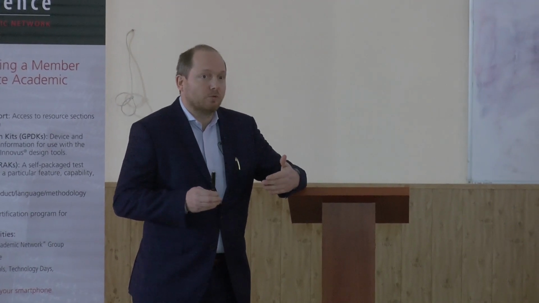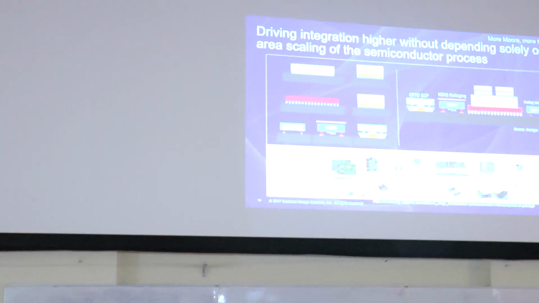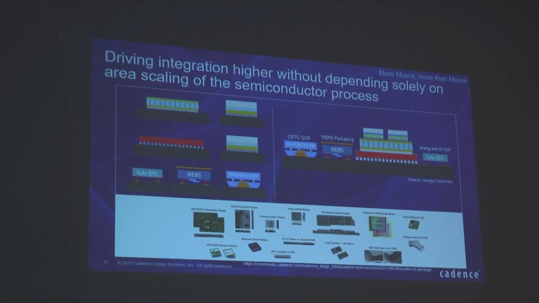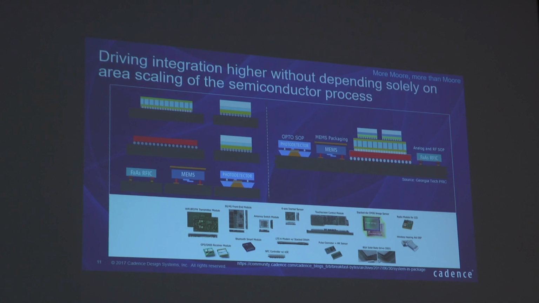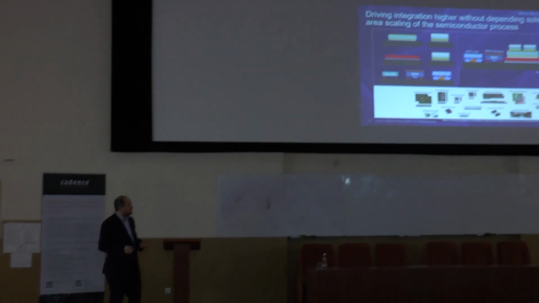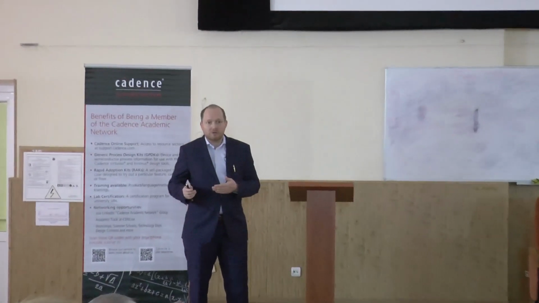So this was about Moore, how to still continue following Moore's law, and what challenges we have. And now companies are saying, well, this Moore is too expensive for us, so we cannot afford it, we cannot always buy new lithography, new steppers, it's just too expensive. So therefore, another direction is called more than Moore.